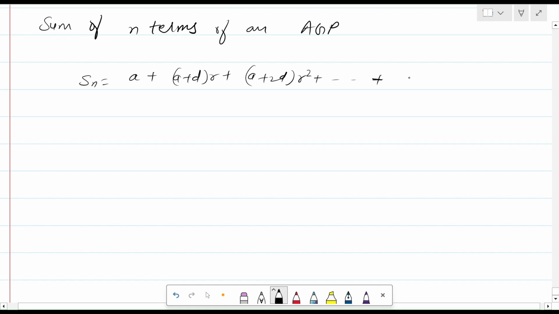The nth term will be a plus n minus 1 d multiplied by r raised to the power n.